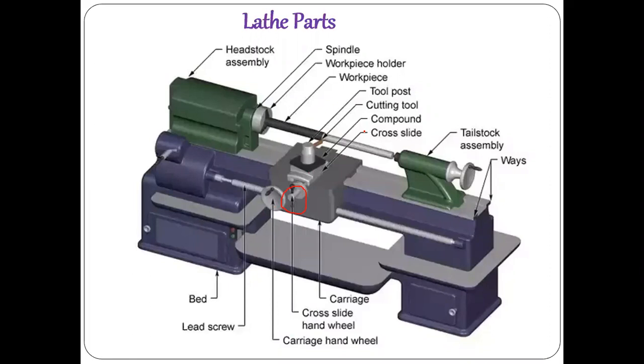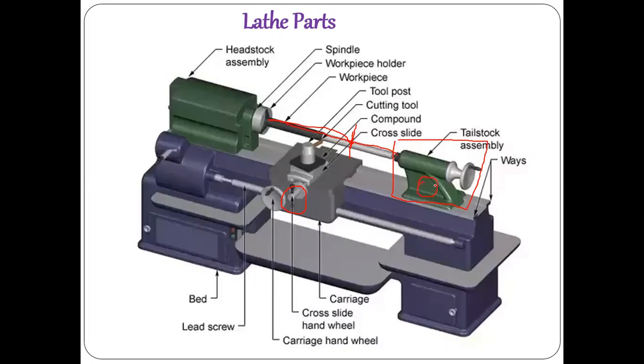Then the tailstock: it is fixed at one particular position when you are machining. But sometimes you need to machine a workpiece which is shorter in length. In that case, how can you move the tailstock? The tailstock is stationary only during machining. Once you stop the machine, there is a bolt mechanism inside.